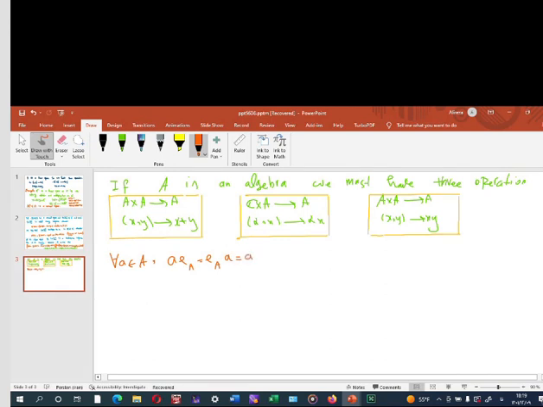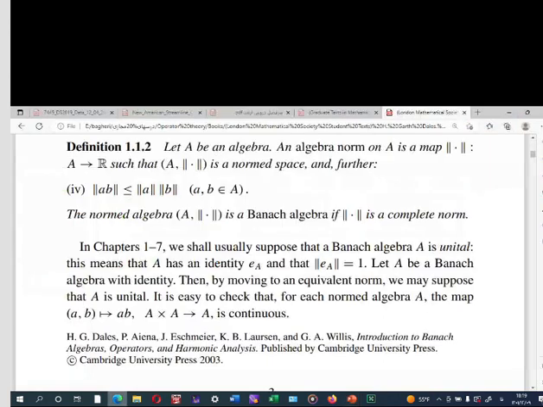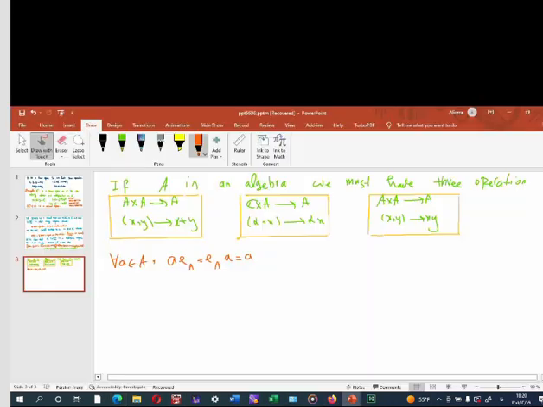This is the identity element for our algebra A. And also the norm of this element must be equal to 1.